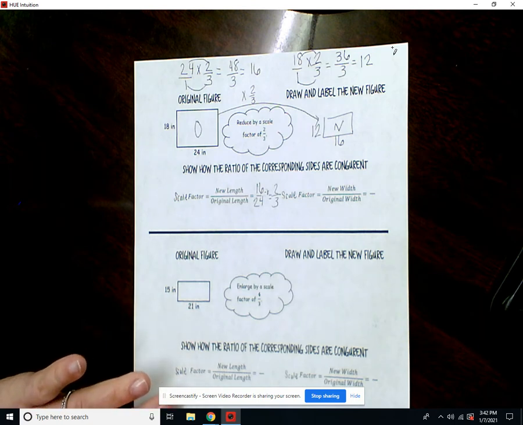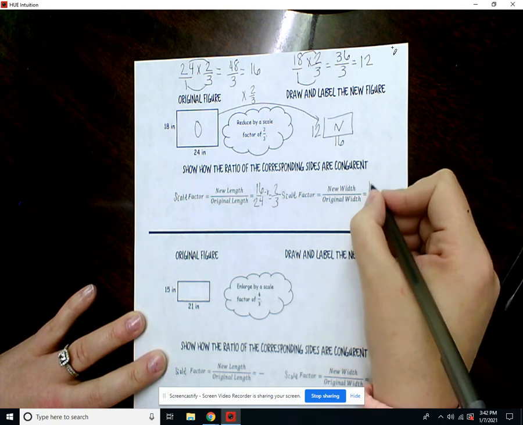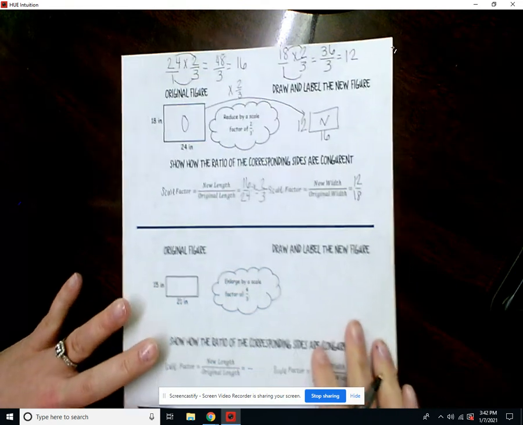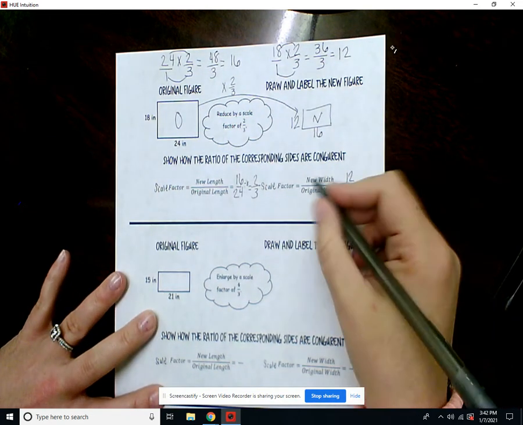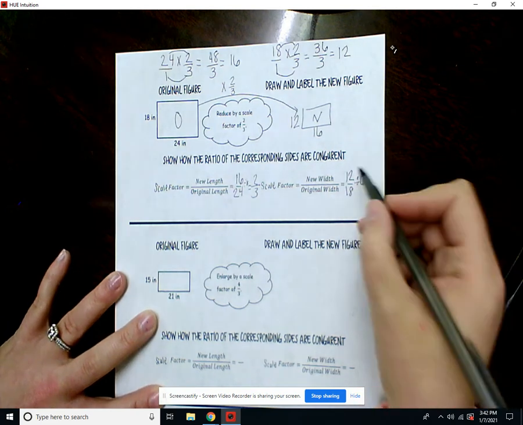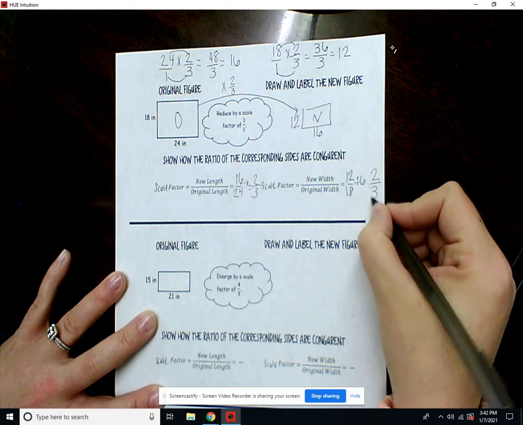And then for our width, our new width is 12. Our original is 18. Again, we're going to simplify that. So we got to put that we're getting it to 2/3. So divide it by 6. 12 divided by 6 is 2. 18 divided by 6 is 3.